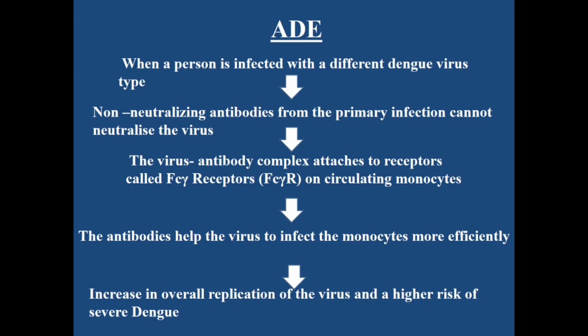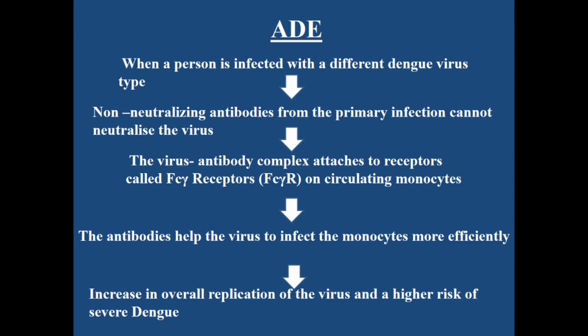When a person is infected with a different dengue virus type, the non-neutralizing antibodies from the primary infection cannot neutralize the virus. So what they do is combine with the virus instead. They form a complex with the virus, and this virus-antibody complex attaches to receptors called Fc gamma receptors, or Fc gamma R, on the circulating monocytes.